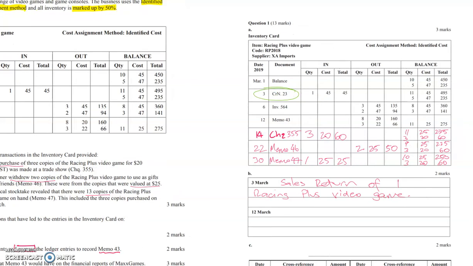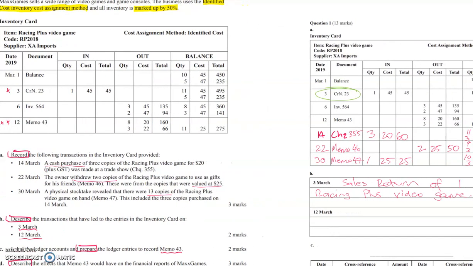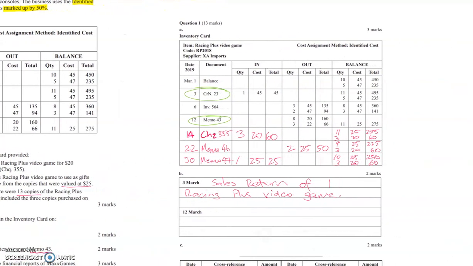Well done. The second part of this question, we are asked to describe the transaction on the 12th of March. So let's have a look at this one to start with. So firstly, it's a memo.